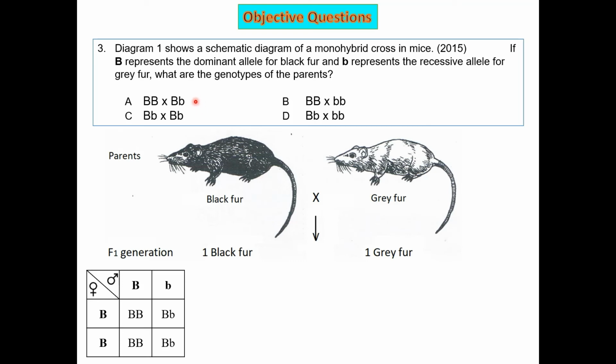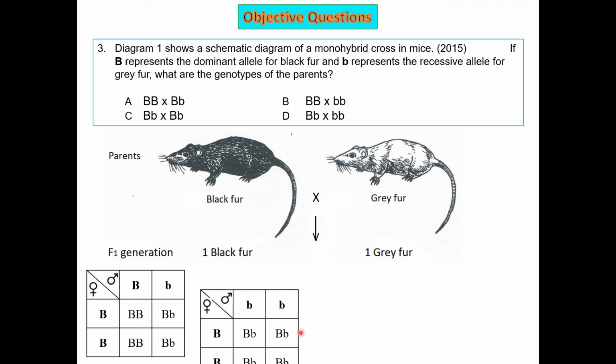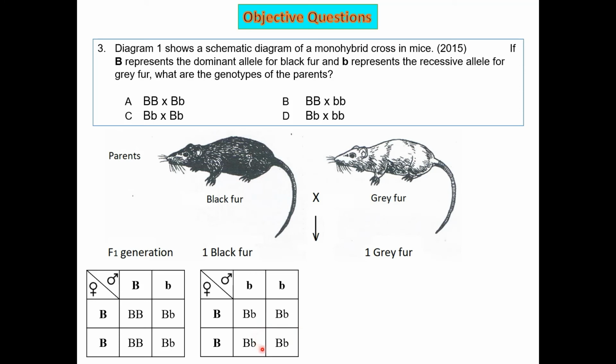We try A first. So these are the genotypes when we use the Punnett square. So all are black fur here. Okay, let's try B. B is all black also, but this one is all heterozygous dominant.